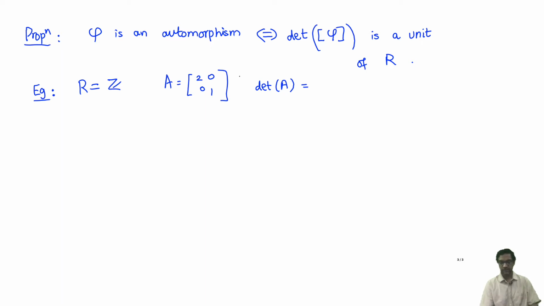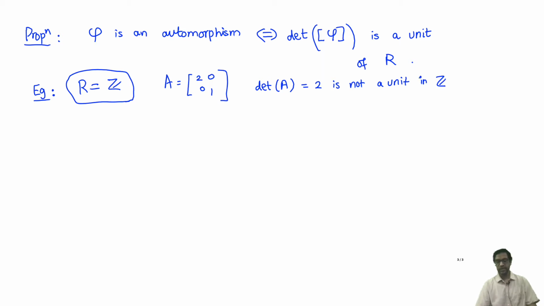So in this case, the determinant is just 2 times 1, which is 2. But observe, if I think of this as a matrix with values over the underlying ring Z, then 2 is not a unit, it is not invertible in Z. It is of course invertible if you think of it as an element of Q, the rational numbers, or R, the real numbers, or complex numbers, but it is not a unit in Z.